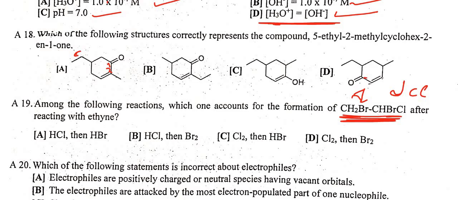C, because if I write the ethine that they're talking about, you know ethine, right? Ethine is ethene with a triple bond, so it's supposed to be like this.